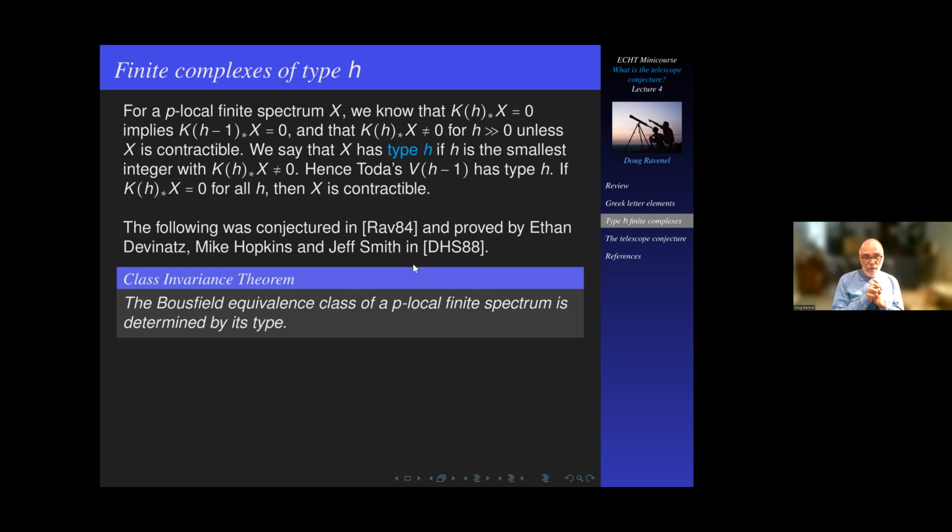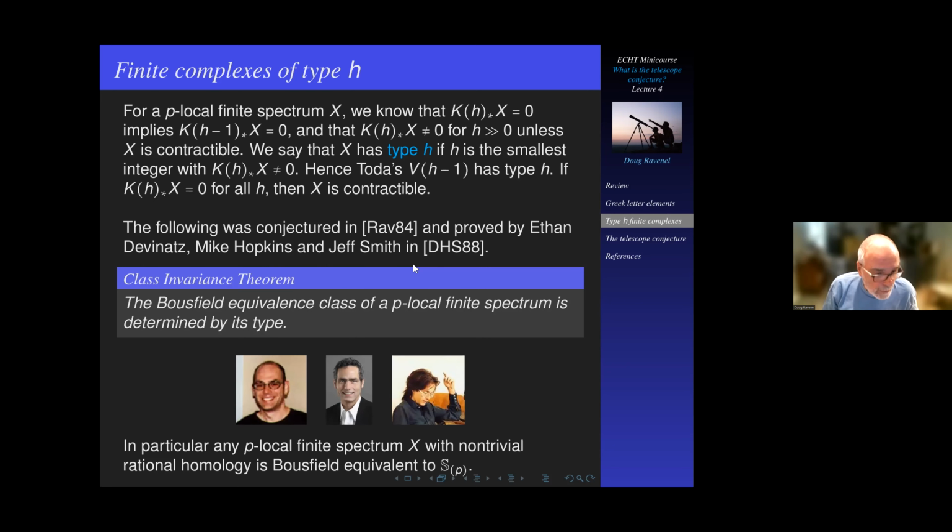Any two p-local finite spectra of the same type are Bousfield equivalent. And so in particular, a finite spectrum has type 0 if its rational homology is non-trivial. And in that case, any such finite spectrum is Bousfield equivalent to the p-local sphere. So that's far from obvious at the beginning, but it's a theorem that they proved.